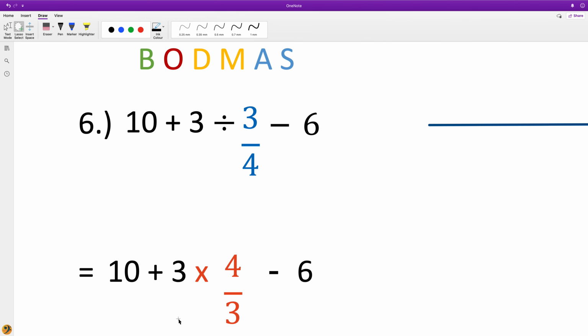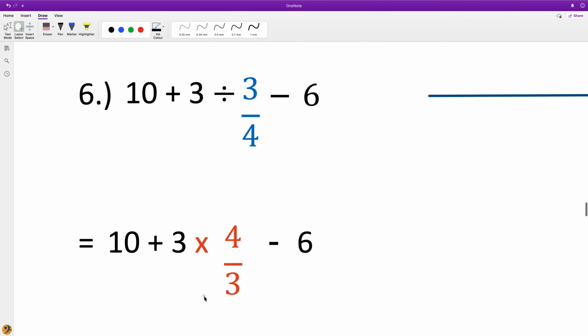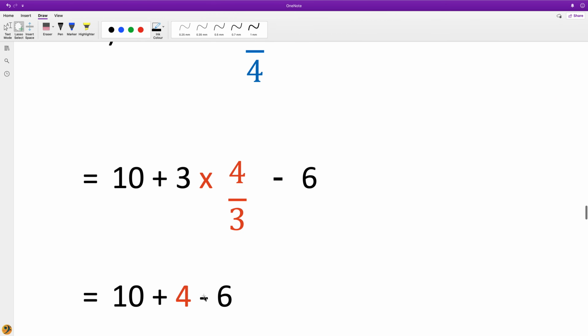Then when we evaluate this part, 3 multiplied by 4/3 gives us 4. So the next line of working out is 10 plus 4 minus 6.